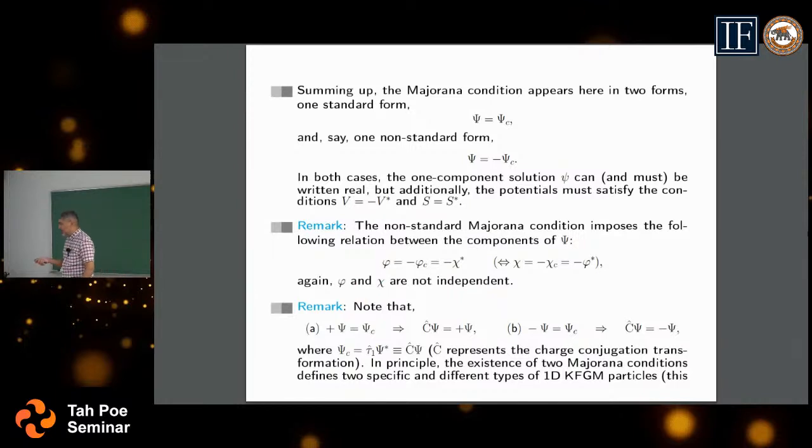Let me do another remark here. It's interesting and important at the same time. Obviously, when you use this Majorana condition, C is an eigenvector of C, the operation of charge conjugation transformation. When you use the other, it's also, but the eigenvalue changes in sign. So in principle, the two Majorana conditions describe different particles.